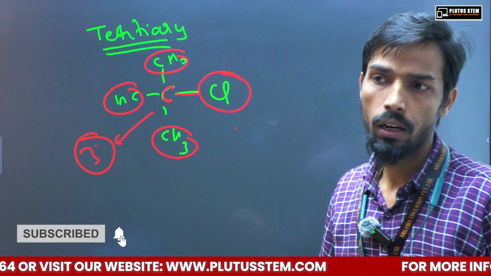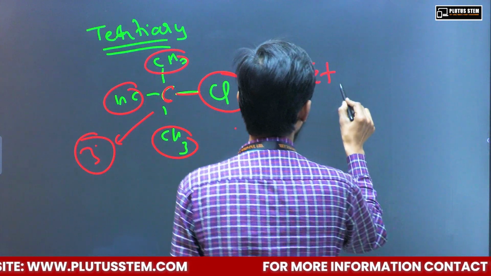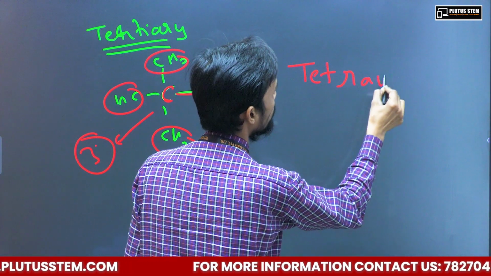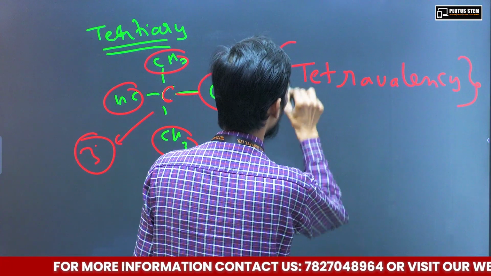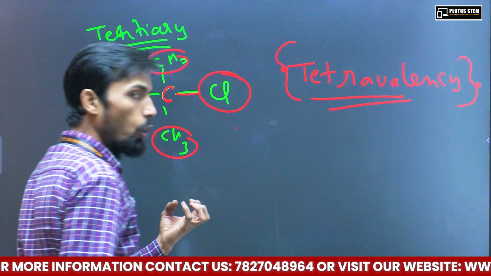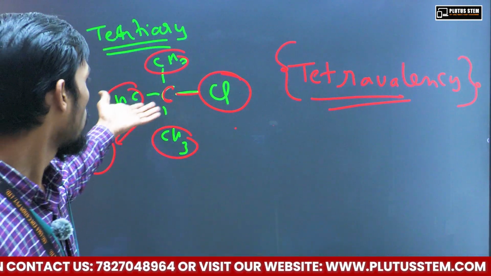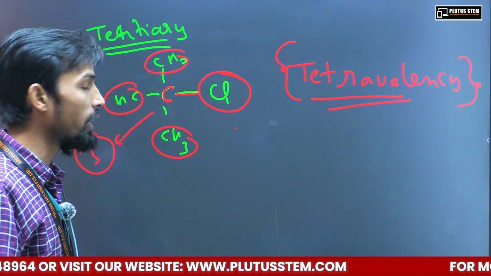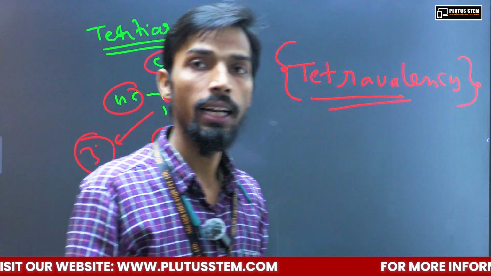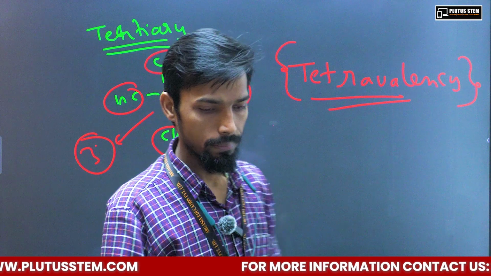It is not possible, because carbon has tetravalency. Only 4 groups can attach to this carbon. But over here, three are there, and the fourth has to be the halogen. So that's why we generally only see primary, secondary, and tertiary halogens, not quaternary.